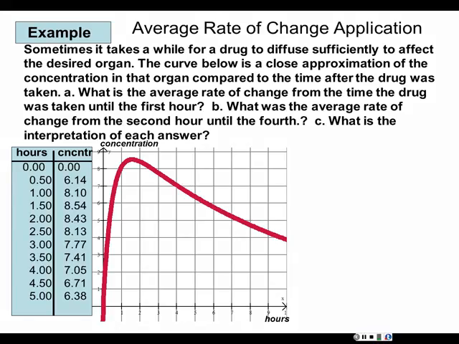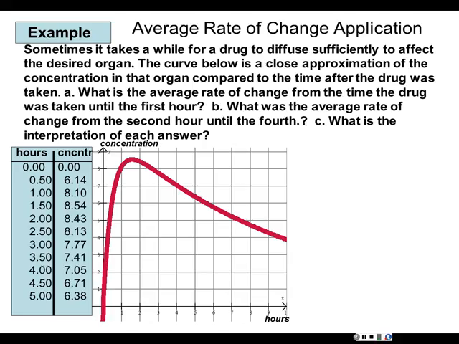So you are trying to see the average rate of change between 0 and 1 only, right? So your points are only these two. This is the 0 hour and this is the 1 hour. If you use these 2 points, you should get your answer, and you have to find the slope. The next question is the same, but the average rate of change from the 2nd hour until the 4th.